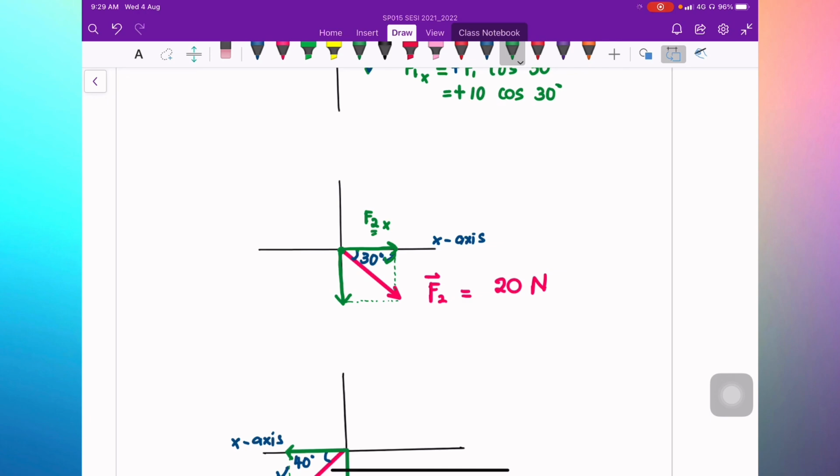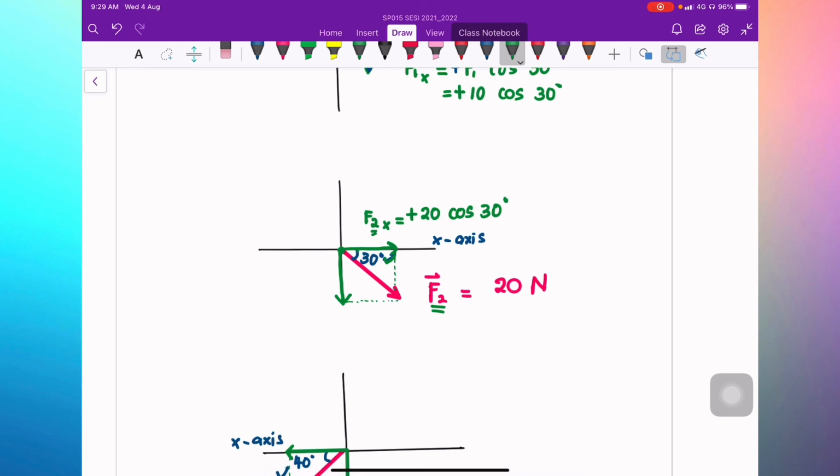Because the example here is F2 equal to 20 cos 30. And check the direction: to the right, positive.